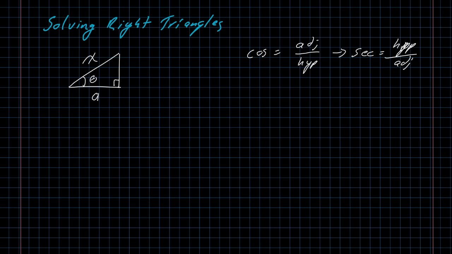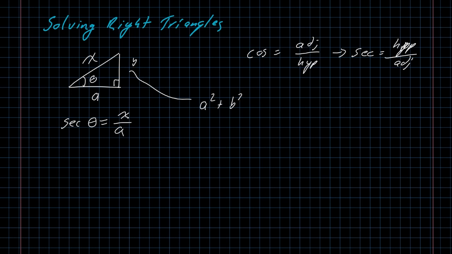So in this case, the secant of theta is x over a. Then, to get the third side of the triangle, I guess I could call it b.